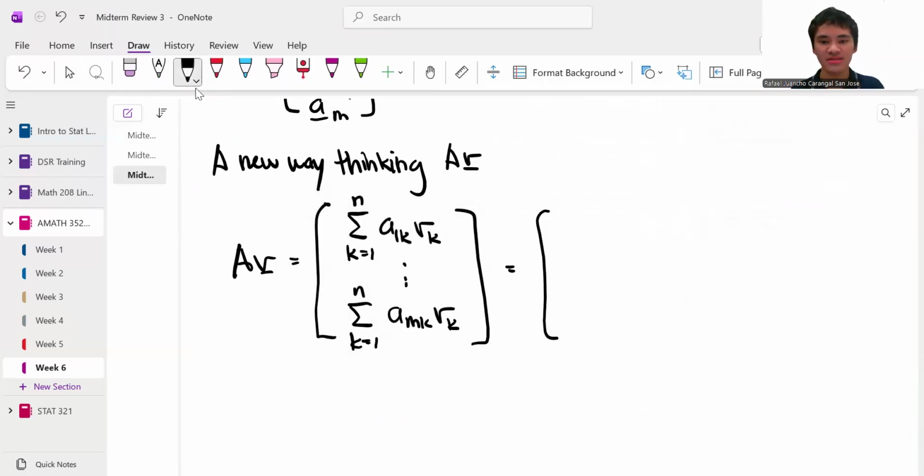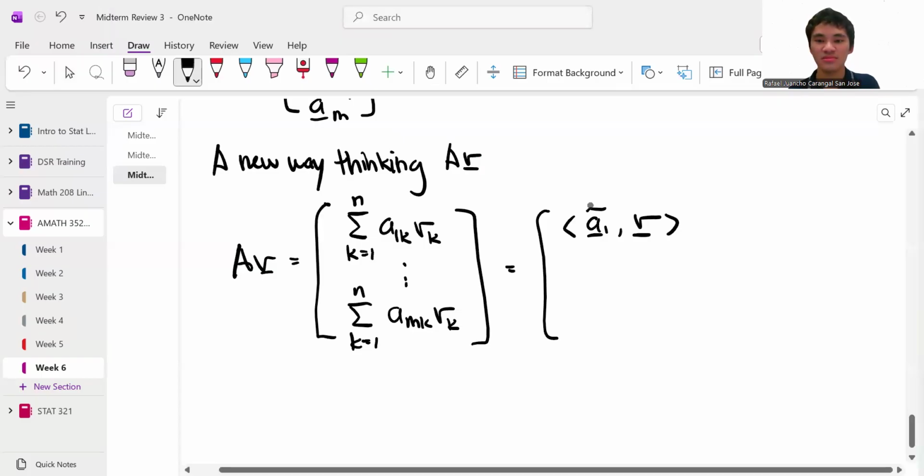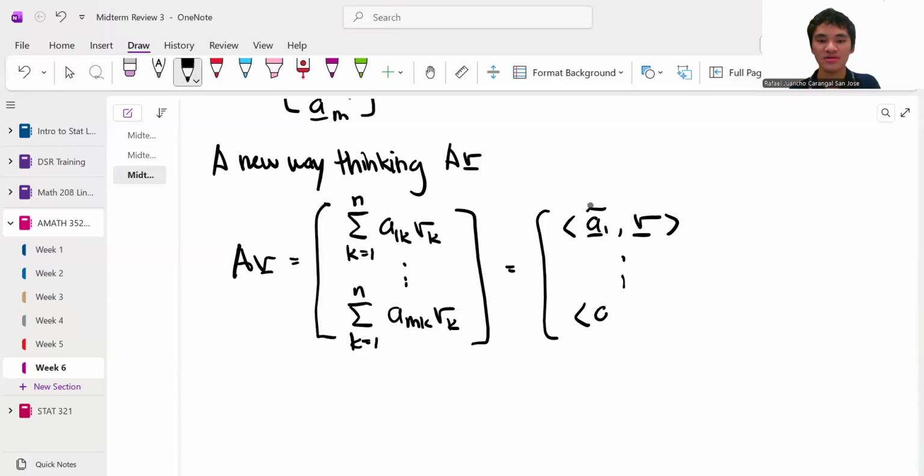We could think of it as the dot product of our row, the a tilde, and the vector that we're multiplying it with. And that's the same for all of them. We go all the way to M. And there we have it.